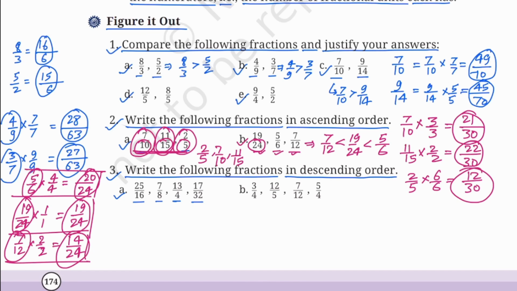Common multiple of denominators is 32. 15 upon 16 can be written as 30 upon 32. 7 upon 8 can be written as 28 upon 32. 13 upon 4 can be written as 104 upon 32.